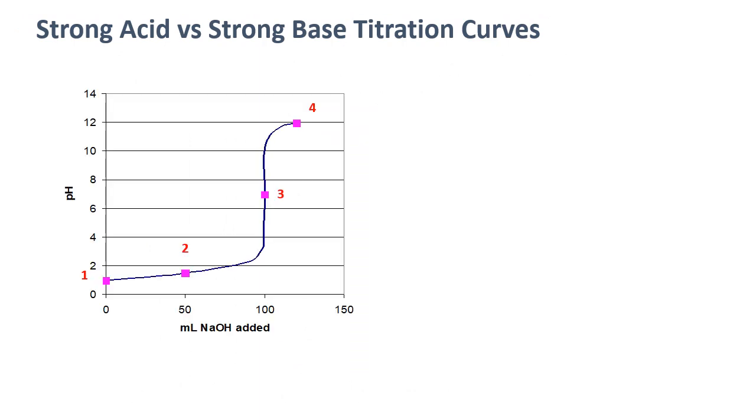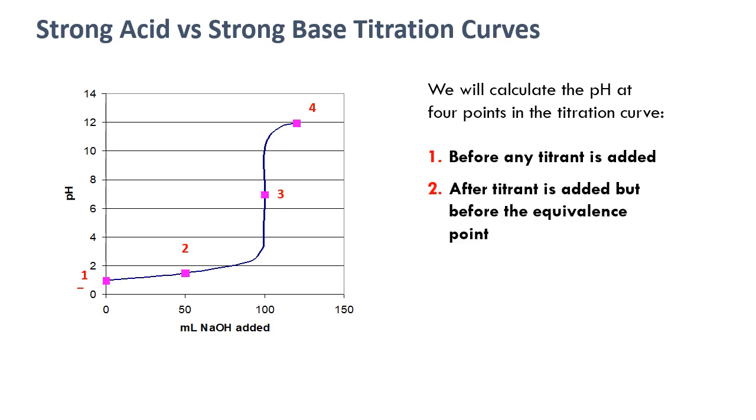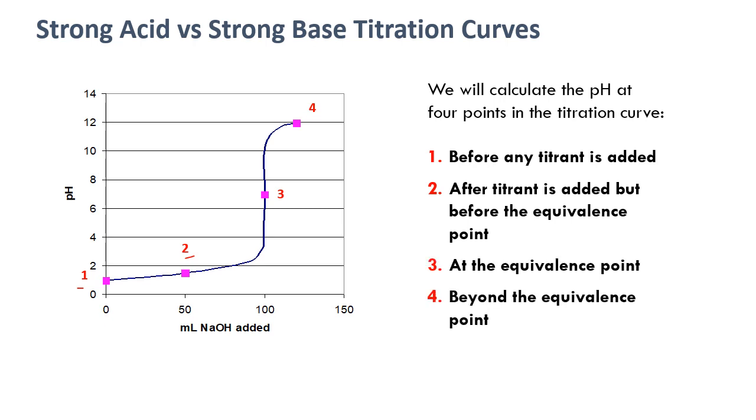For strong acid versus strong base titration curves, we will calculate the pH at 4 points in the titration curve: before any titrant is added, after titrant is added but before we get to the equivalence point, at the equivalence point, and then beyond the equivalence point. So we're going to examine the titration curves at these points.